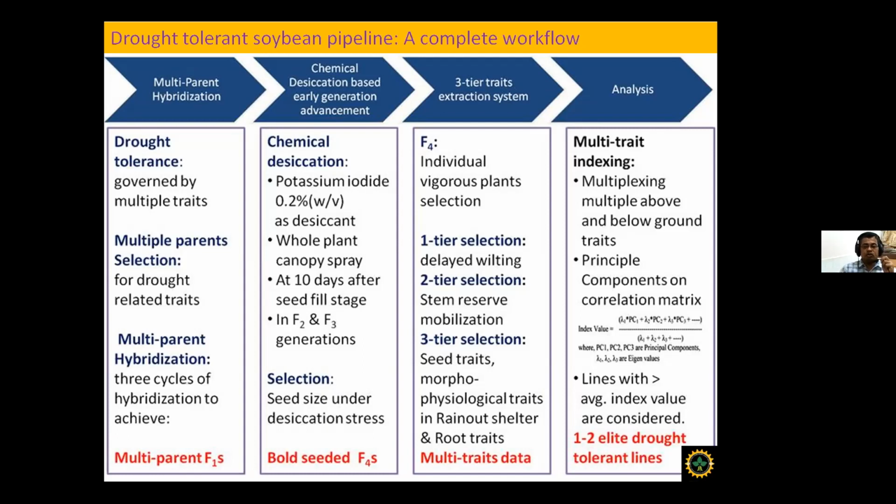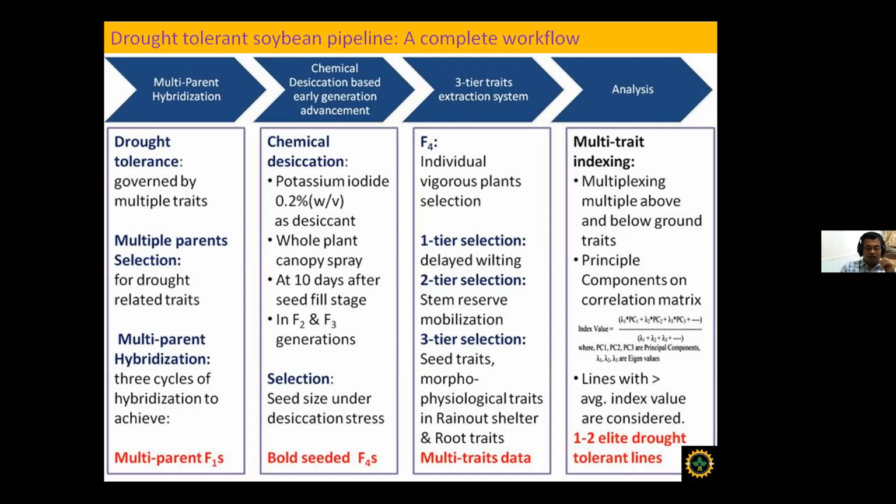In this method, potassium iodide at 0.2% weight by volume is used as a desiccant, and it is sprayed on the whole plant canopy at 10 days after the seed fill stage in F2 and F3 generations in a bulk population. This way it leads to selection for seed size under desiccation stress.